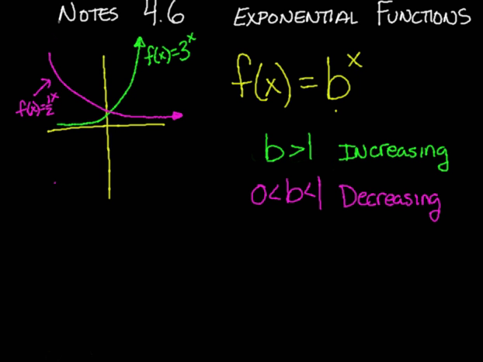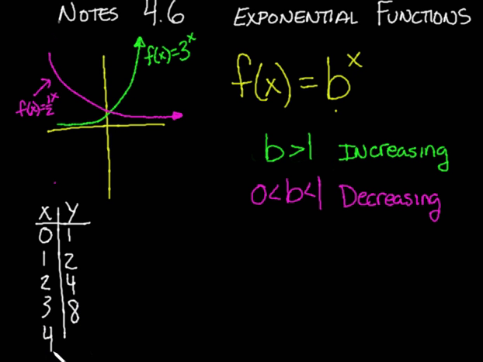So what you're going to be given is some table of x's and y's. You'll have 0, 1, 2, 3, and then on the side you'll have 1, 2, 4, 8, let's do one more, 16. If you try to do this the regular way by looking at how much each one changes, it's not consistent.